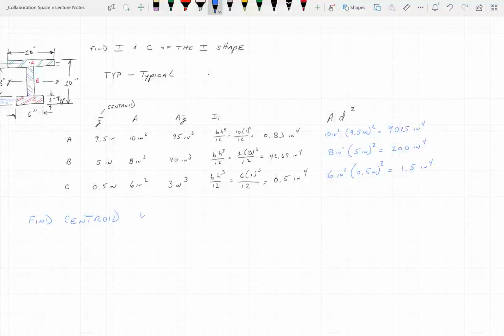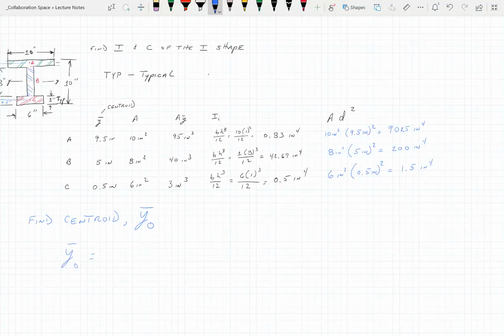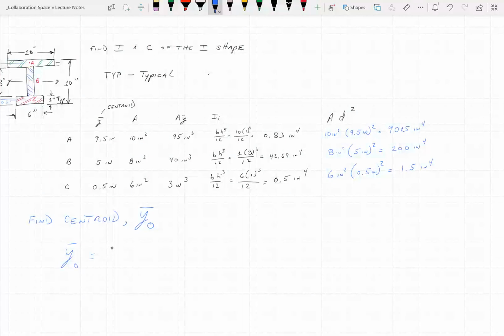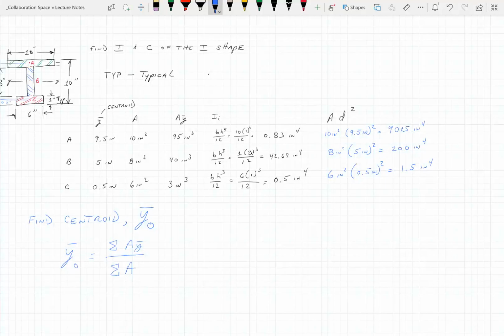And this is going to be y bar O is the label for it. Y bar O is going to be equal to the summation of the AY bars divided by the summation of the A's. Okay?